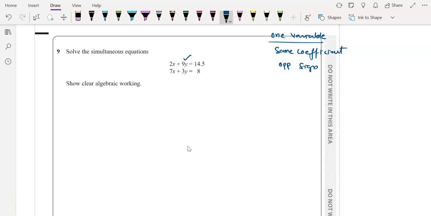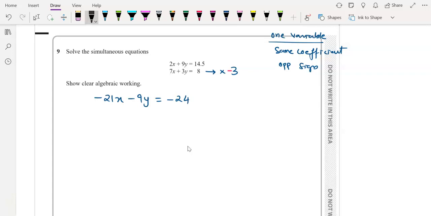You have 9y here, I need a 9y in the second equation, so I'll multiply by 3. But if I see the sign, it is the same. I need to adjust the sign, I need opposite, so I'll multiply by -3. So the second equation multiplied by -3: 7 times -3 is -21x, 3 times -3 gives you -9y, and 18 times -3 is -54.